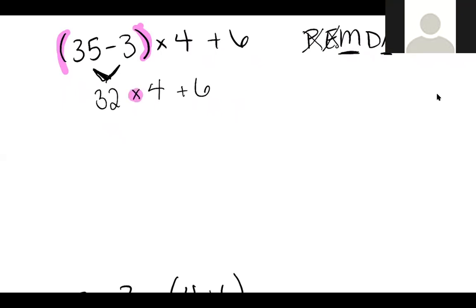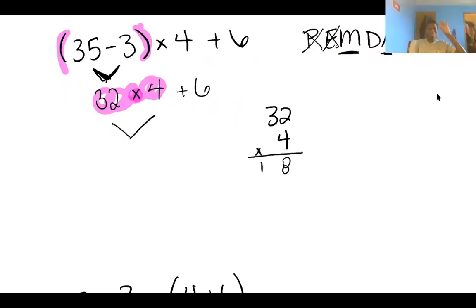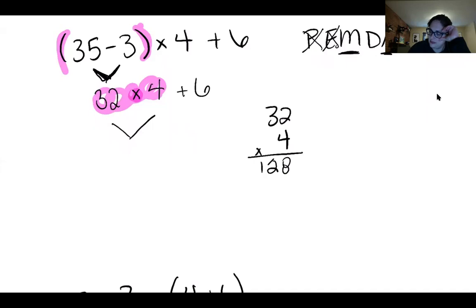Multiplication. So I'm going to do 32 times 4. I have to do that over here because I don't know that off the top of my head. Oh, I think I know it. Is it 128? It is. So then 128 plus 6.